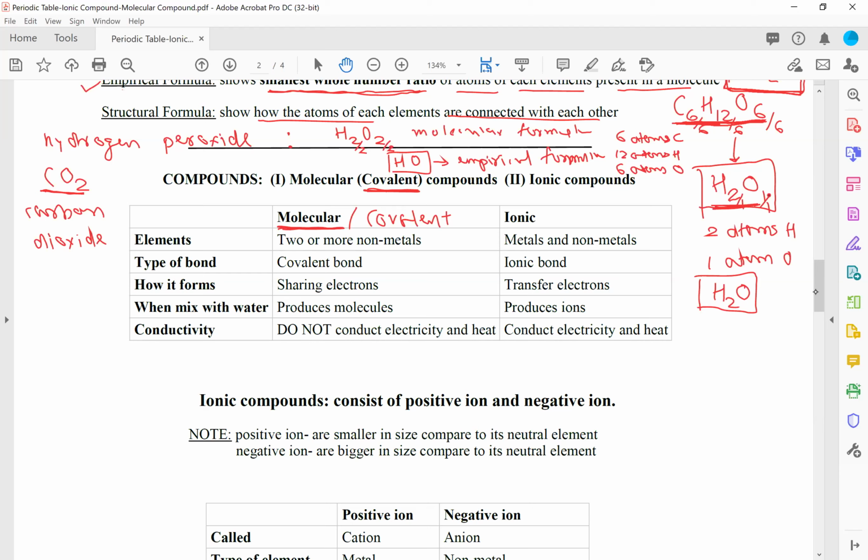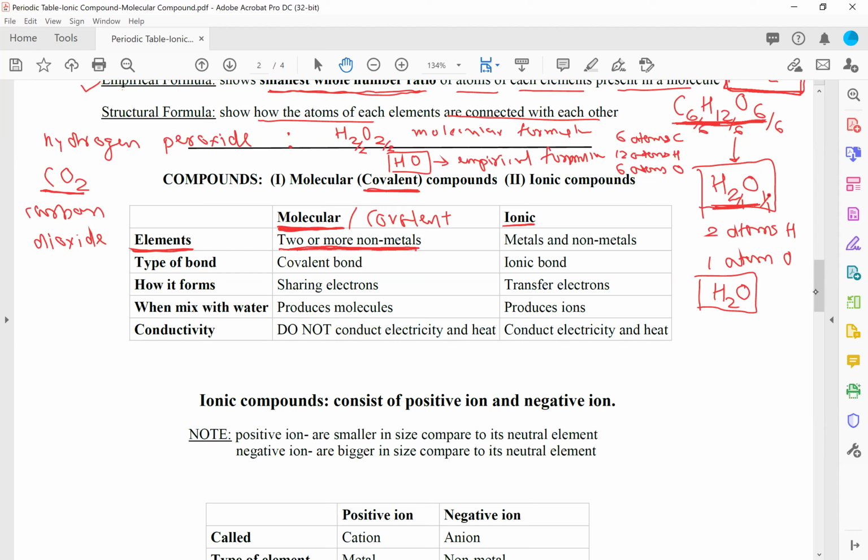So what is a molecular compound composed of? These are the different topics that we're going to talk about for the molecular compound as well as the ionic compound. Remember, a molecular compound is always composed of two or more non-metal elements.